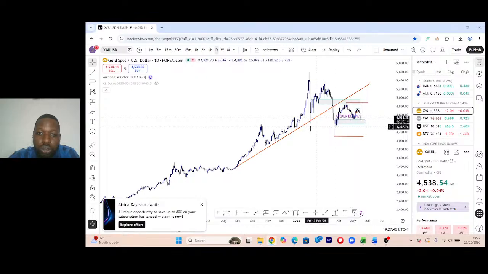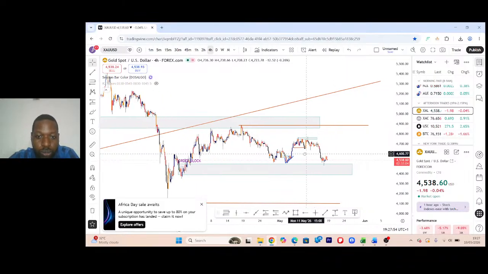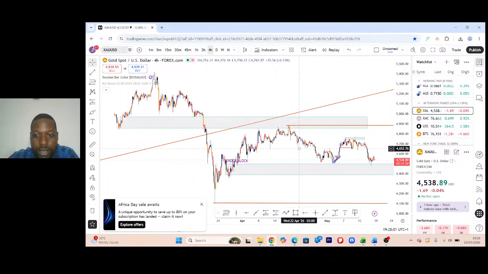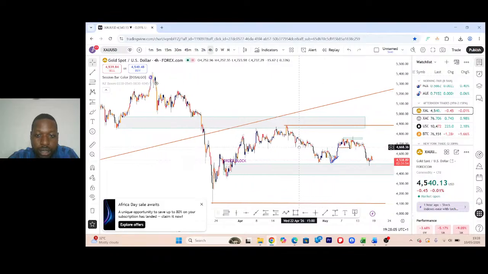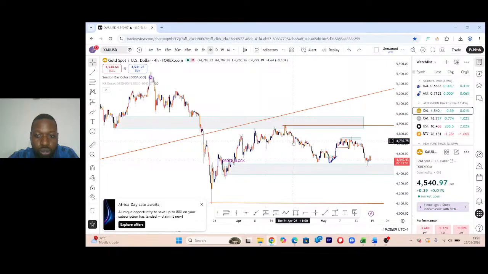So even though we are designed to enter, we are going to be looking for sell positions. We believe that from all indication, gold is selling. So we're expecting gold to sell.